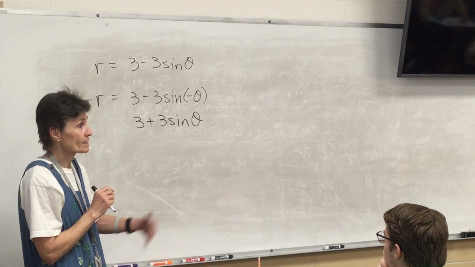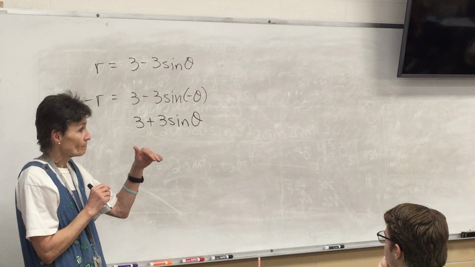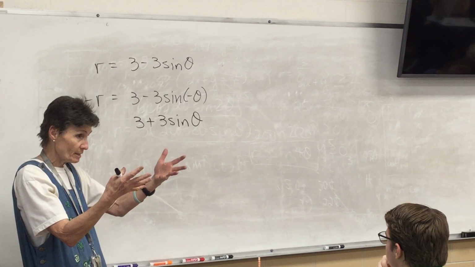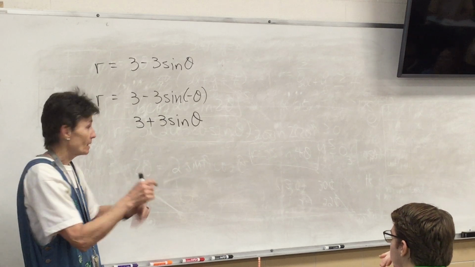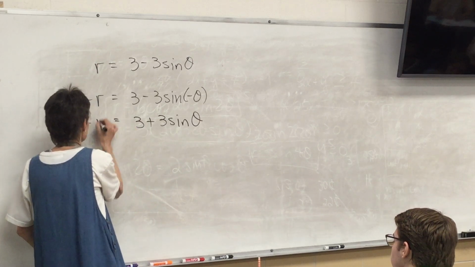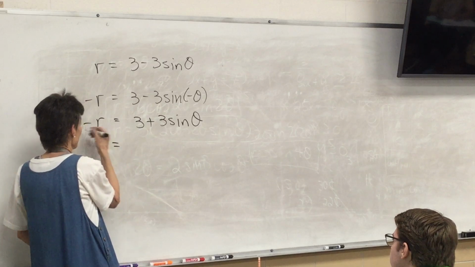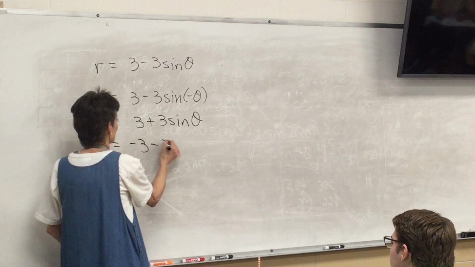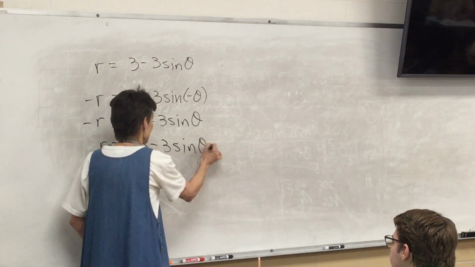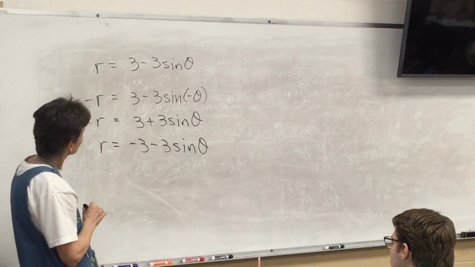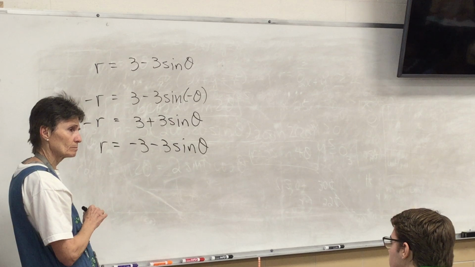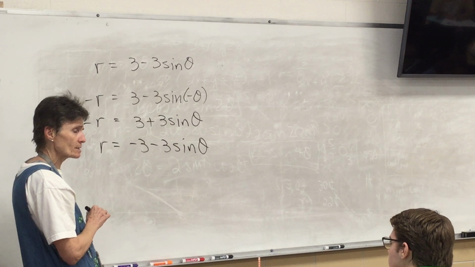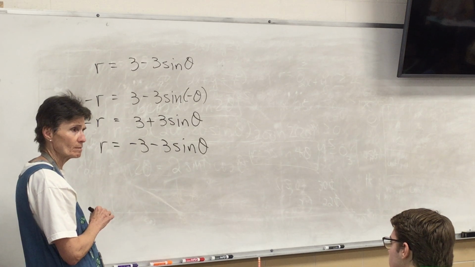When you change the sign on their input, you change the sign on the output. Agree? Okay, so now I have the equation. I like to have r by itself: negative 3 minus 3 sine theta. That doesn't look quite exactly the same, does it?